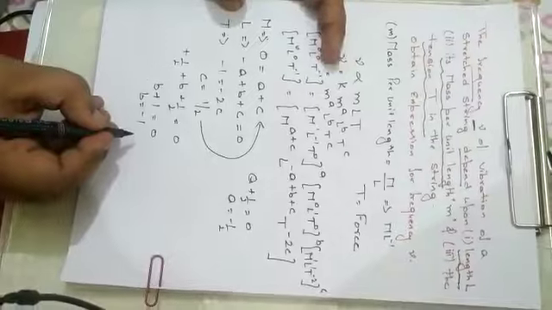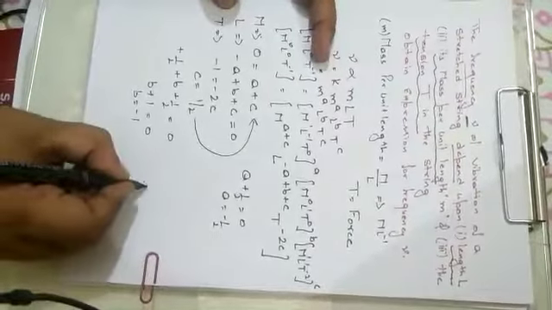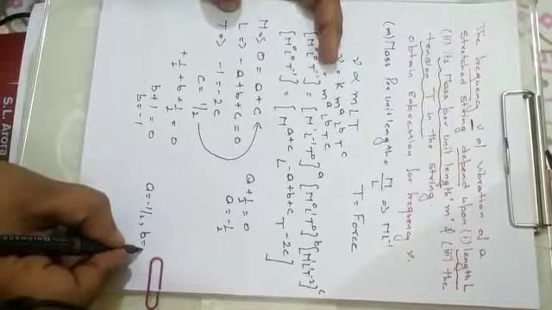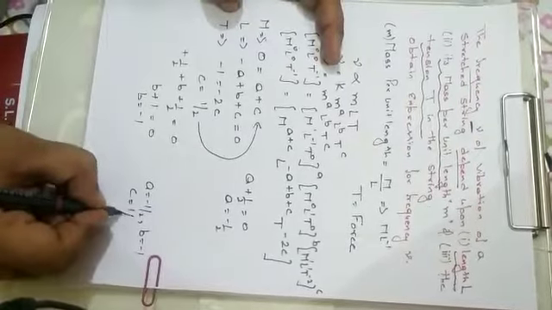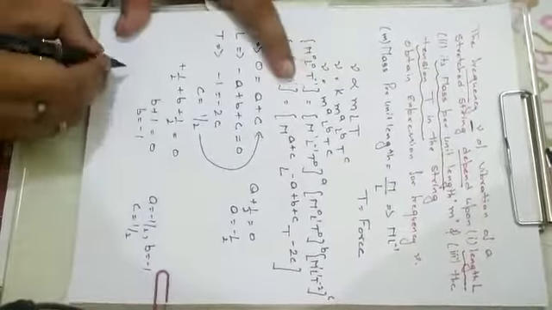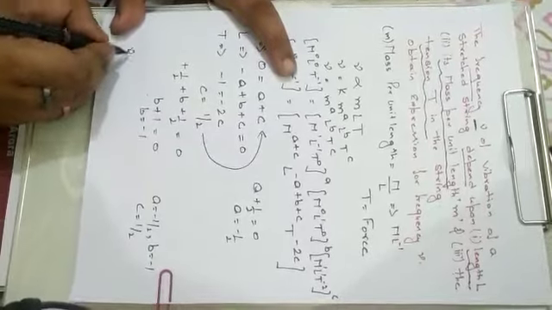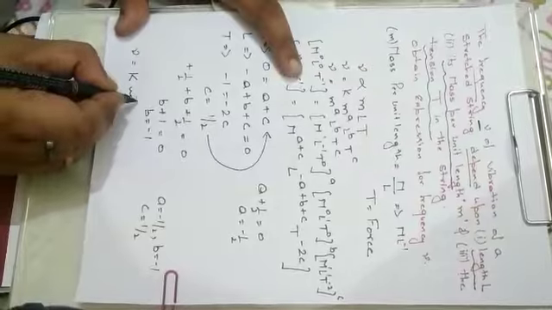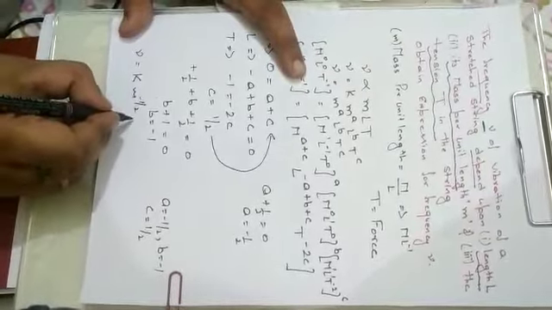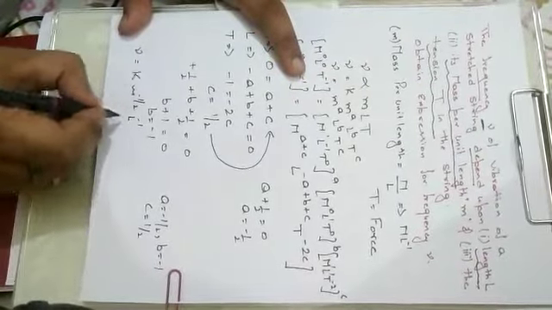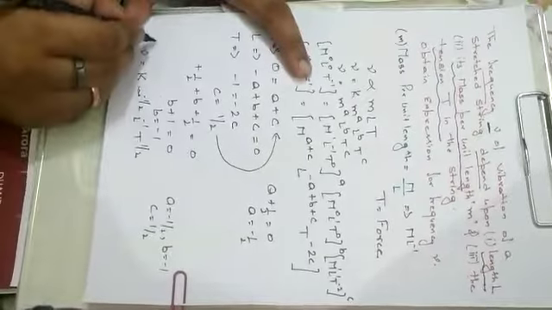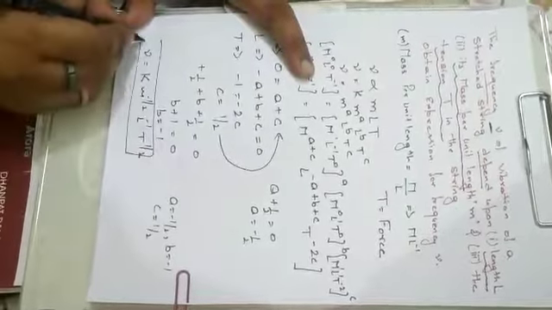So the value of b is -1. So we have a = -1/2, b = -1, and c = 1/2. Using these values, step 2 will be nu is equal to k m^-1/2 L^-1 T^1/2. So this is our required relation.